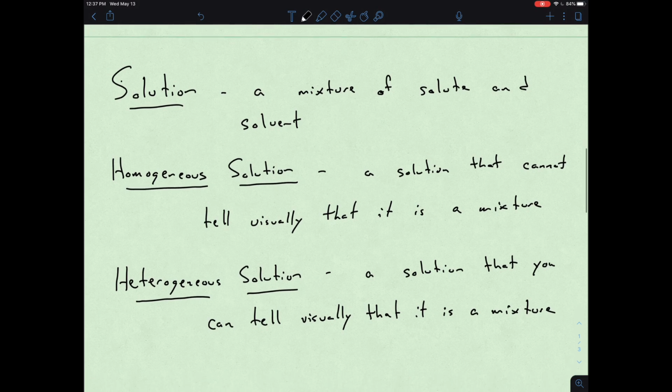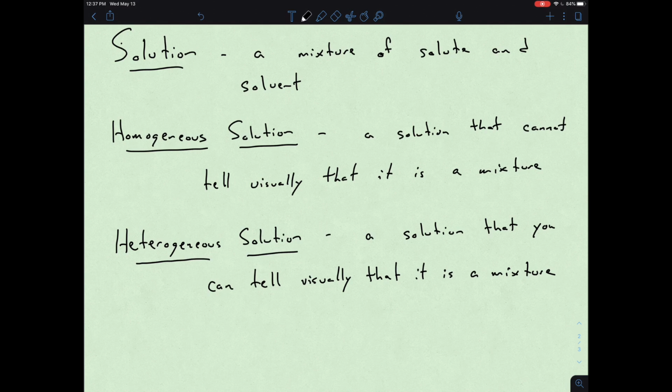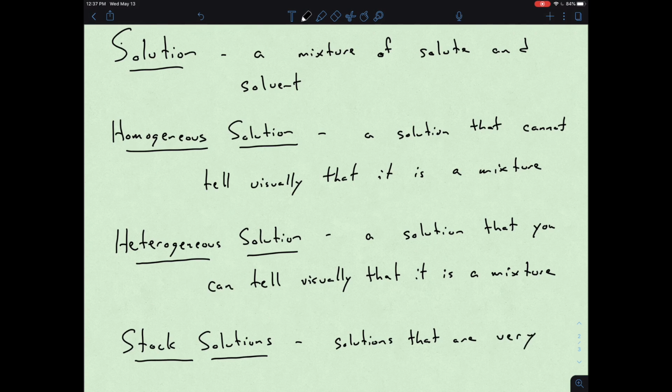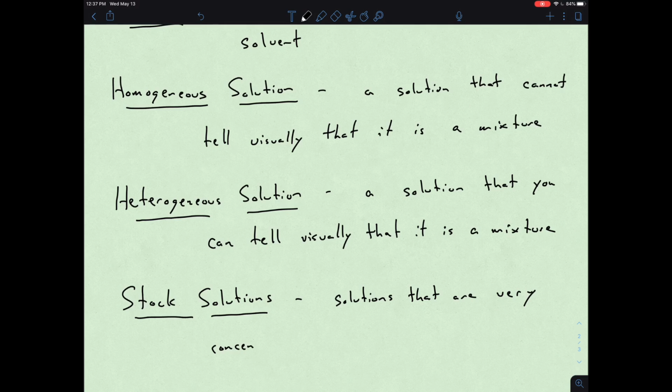We also have within these types of solutions, stock solutions. These are solutions that are very concentrated, or in other words, contain a lot of solute.